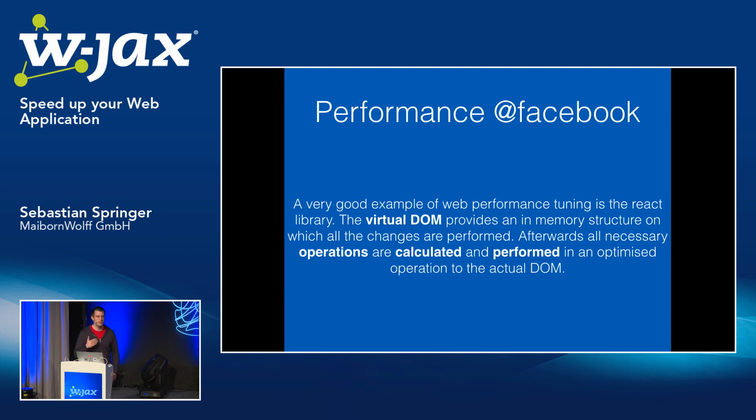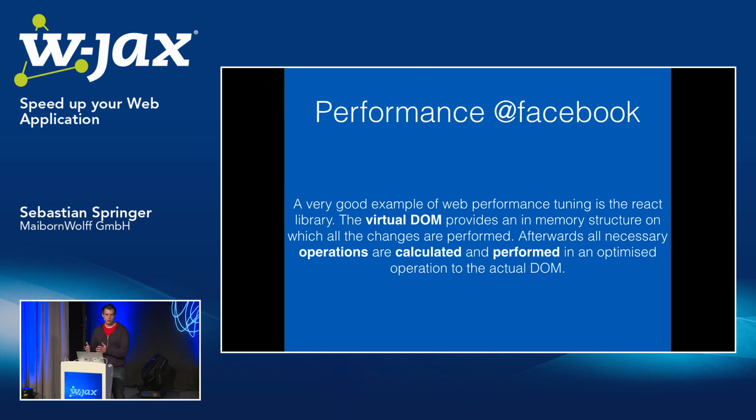The slowest part in your browser is the creation of the DOM tree, the HTML structure. And the virtual DOM says you have a copy of the DOM tree in the JavaScript part of your application, and you change your application not directly in the DOM, but in the virtual copy of the DOM, and then the framework applies the changes to the DOM in an optimized way.